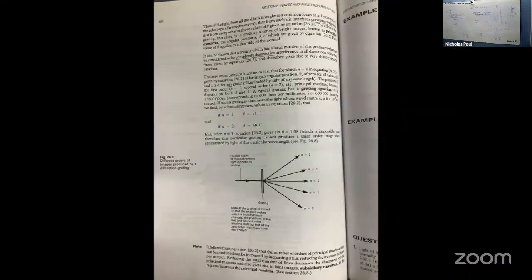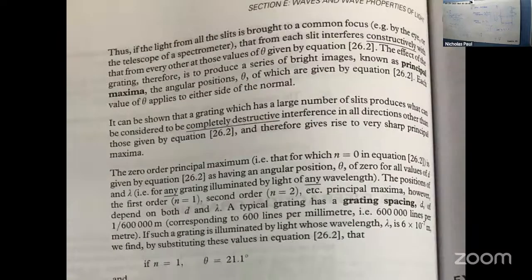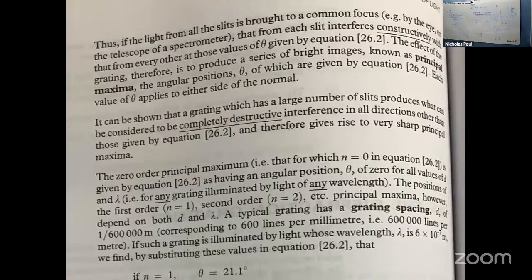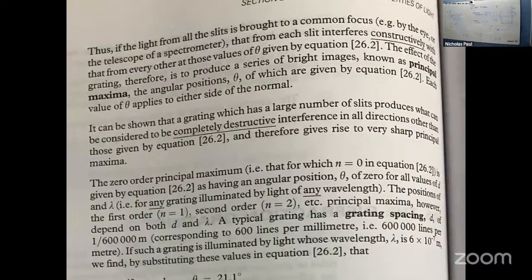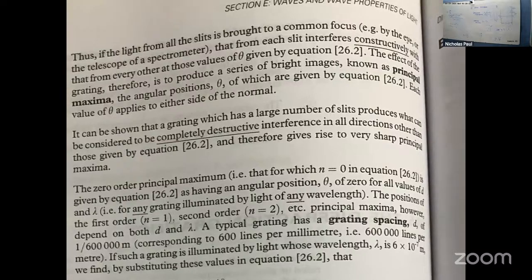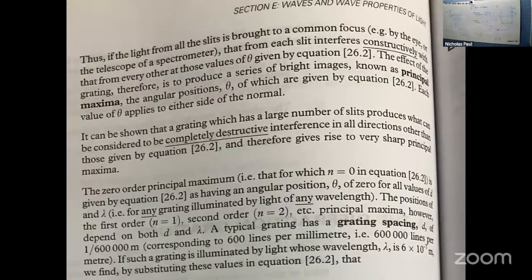It says that thus, if the light from all the slits is brought to a common focus, that each slit interferes constructively with that from every other at those values of theta given by equation 26.2, the effect of the grating, therefore, is to produce a series of bright images known as principal maxima.